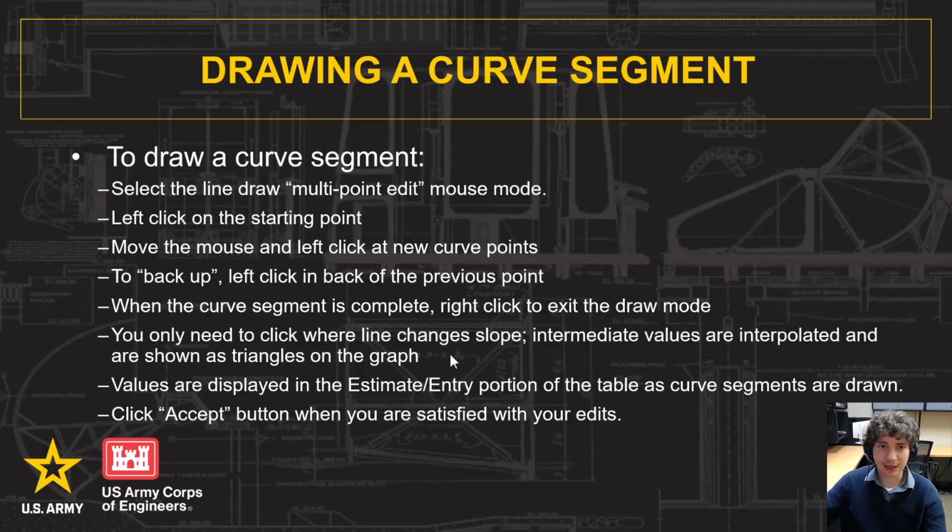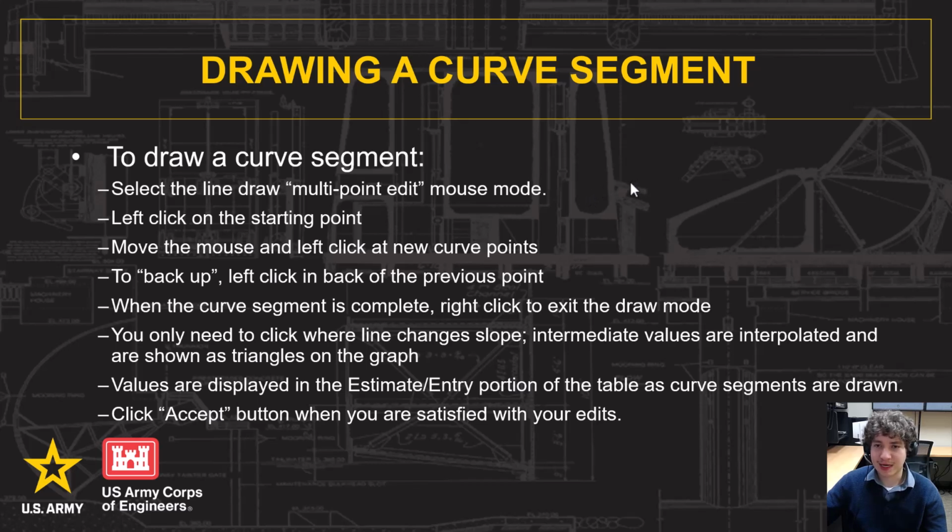So let's look at how we're going to draw curve segments. The first thing to do when we're drawing a curve section is to select that multi-point editor tool. Once we have that, what we have to do is left-click along our plot where we want to draw the curve. Each time we left-click, it's going to add a new point to our curve.